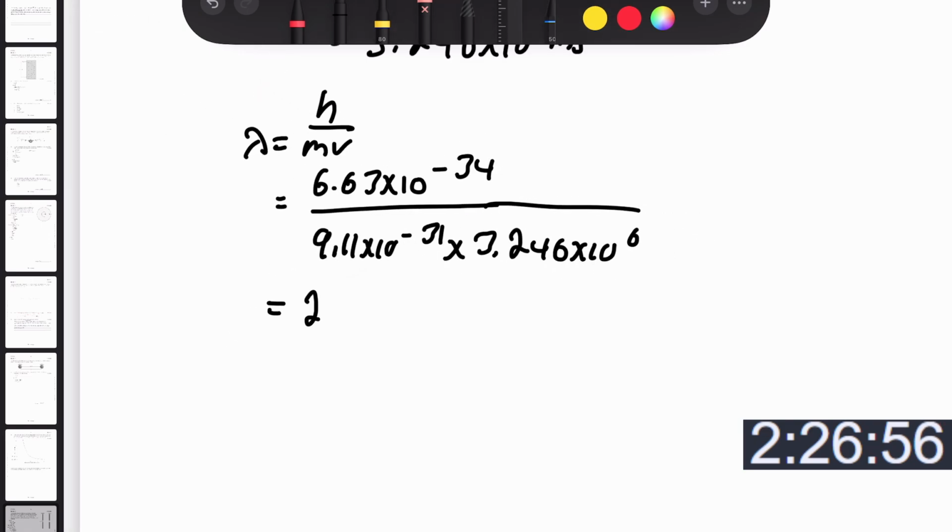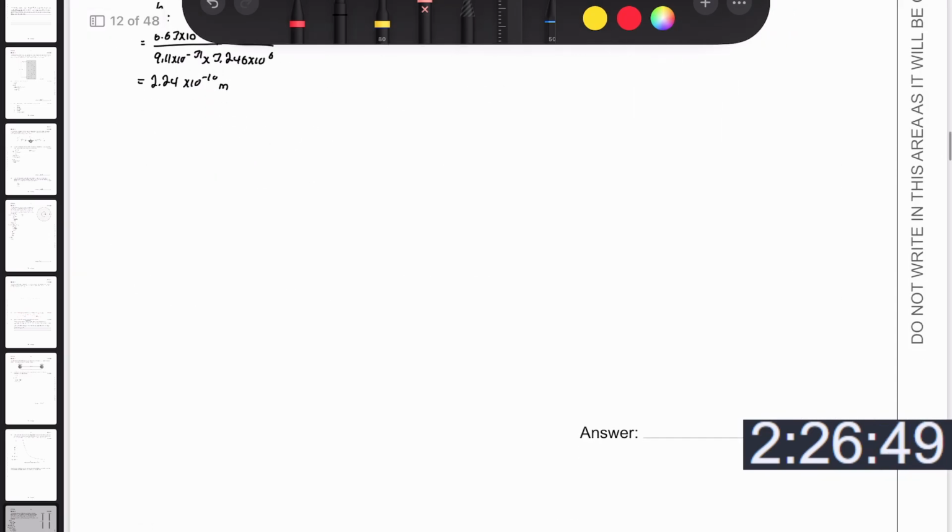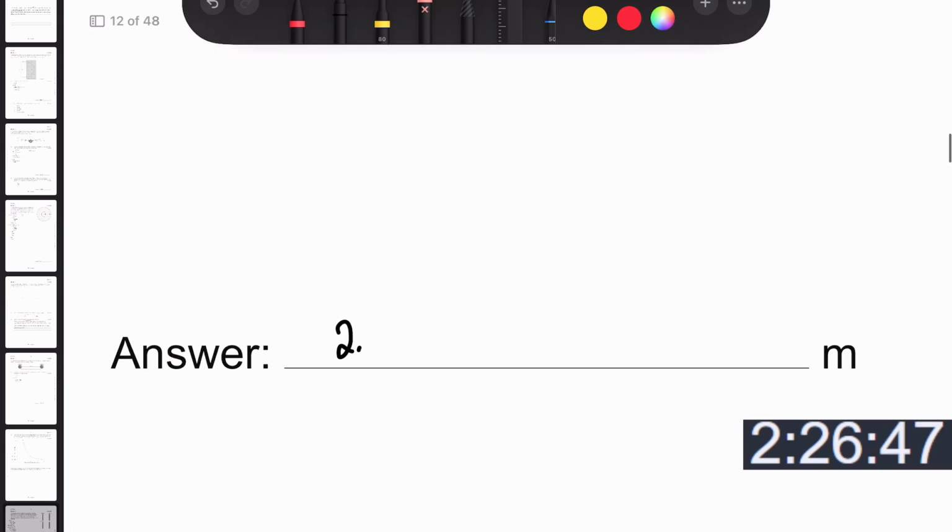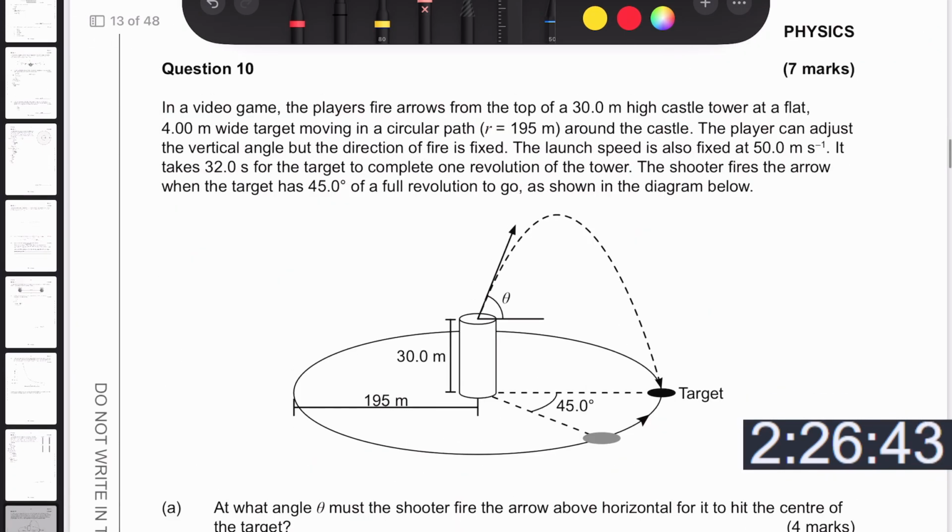So I get 2.24 times 10 to the negative 10 meters. Does it want it in nanometers? No, okay, so 2.24 times 10 to the negative 10 meters.